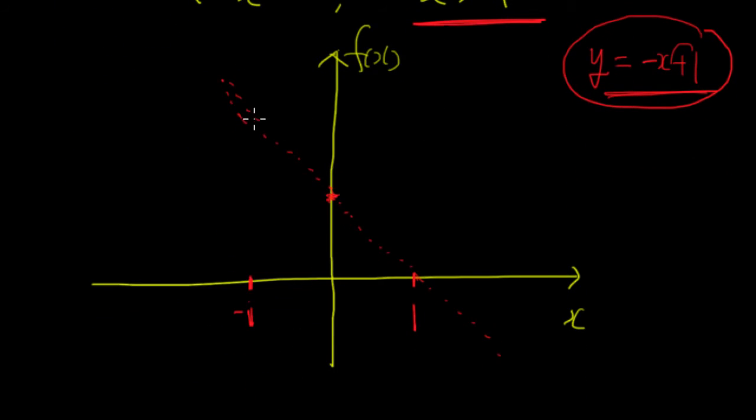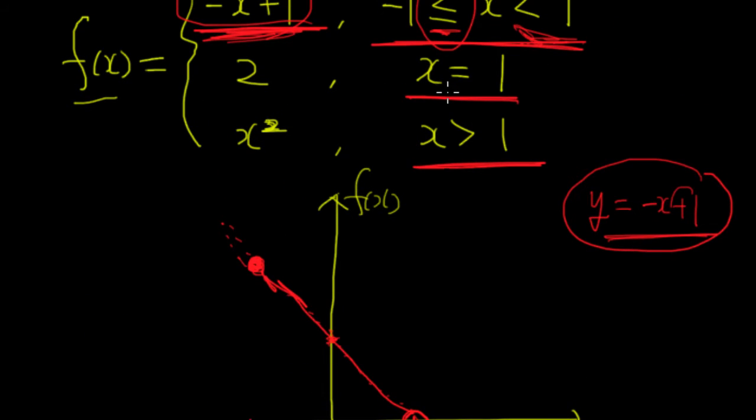So right at negative 1, we're going to have a nice big closed dot, and a line passing through all the way down here. And here we are going to have an open circle like this. All right, what's next? When x is equal to 1, f of x is defined to be the constant 2. But it's just one point.